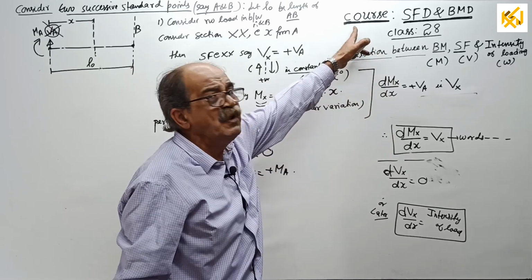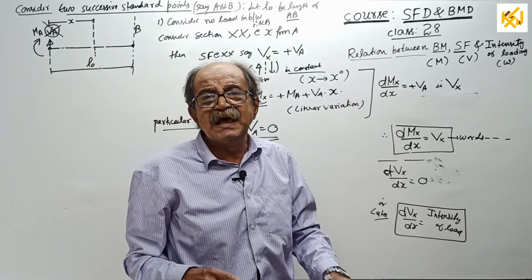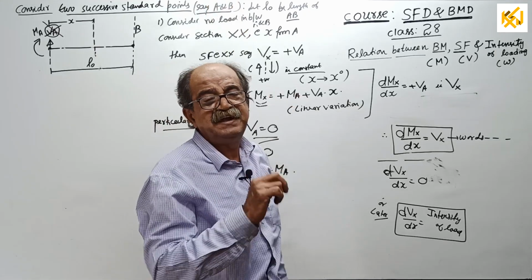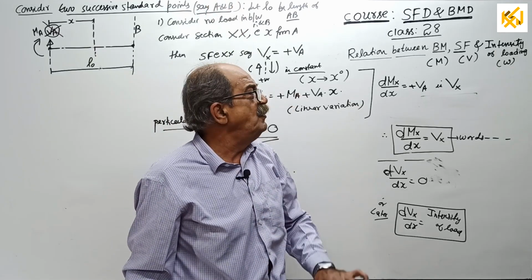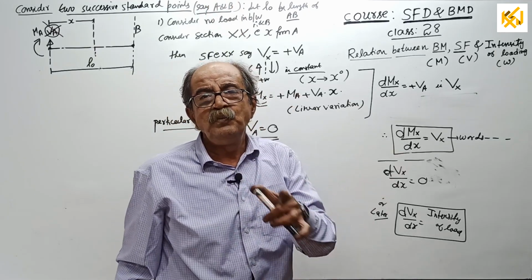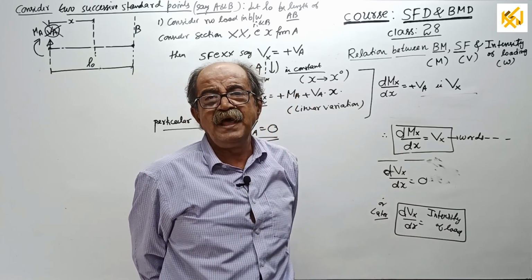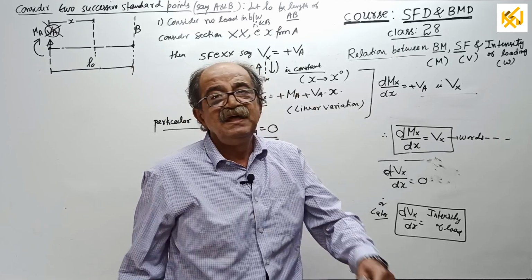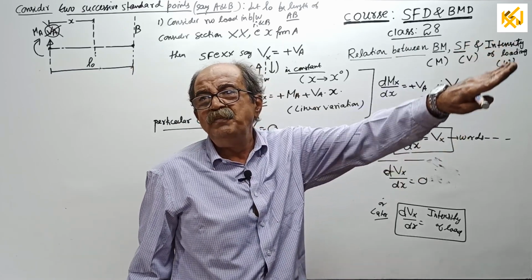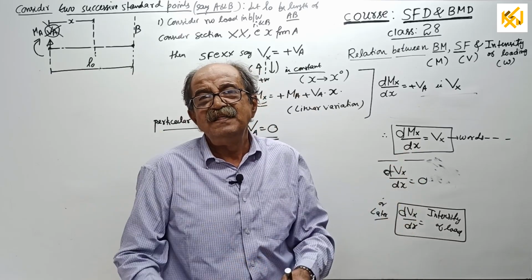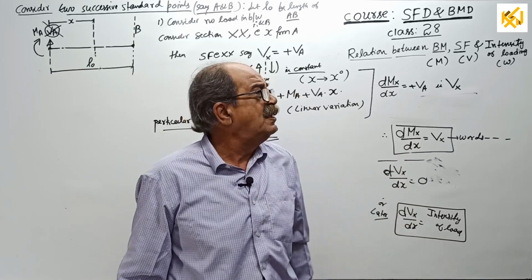Therefore, I will add that one between 2 points. That is the first one I will write in the order: if shear force is 0, then bending moment is constant. And one more thing I will tell, that is the case of pure bending. I will explain later. That is also called pure bending, in which case the elastic curve will be an arc of a circle, that comes in the deflection chapter.